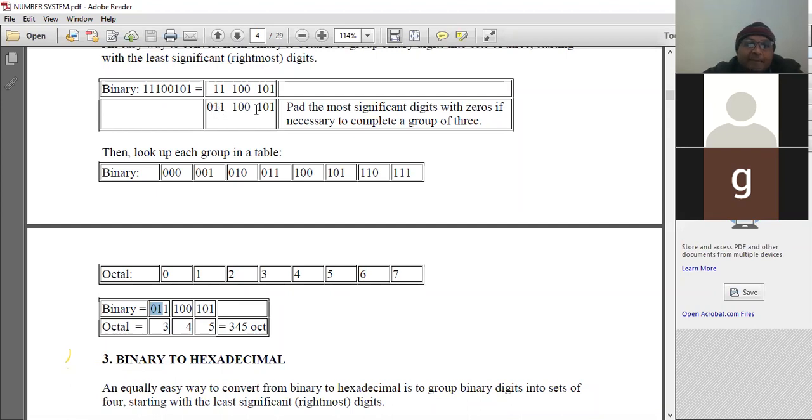Now this same number I have written here as 011, 100, and 101. By which octal number will we represent 011? I have already given you this table, or you can make your own.